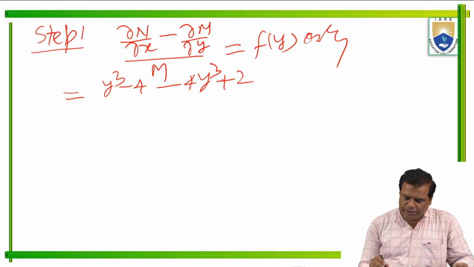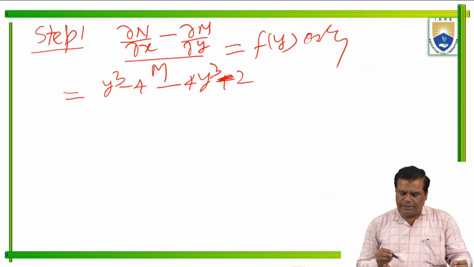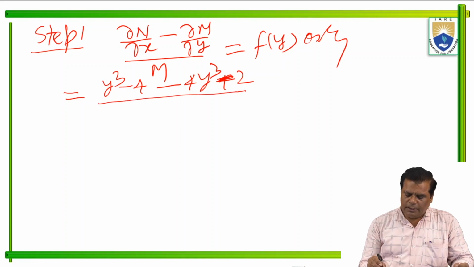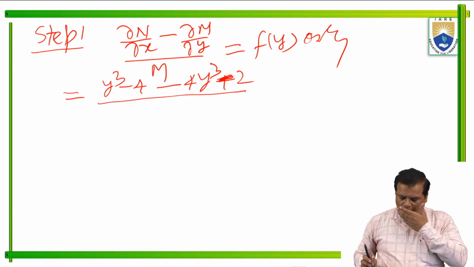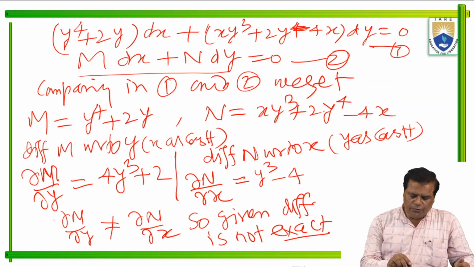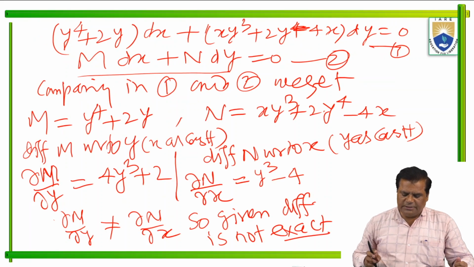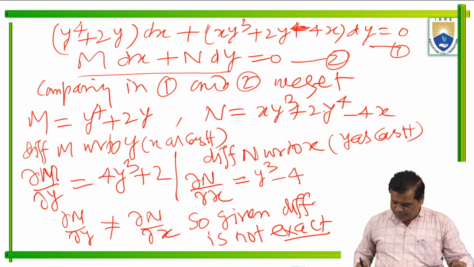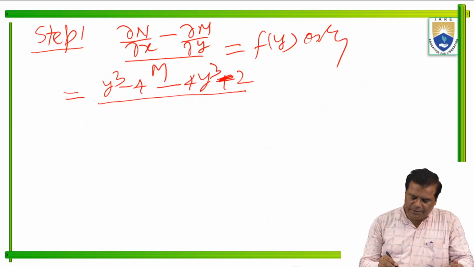So this becomes minus 3y^3 minus 6, upon M. What is M? M is y^4 plus 2y.